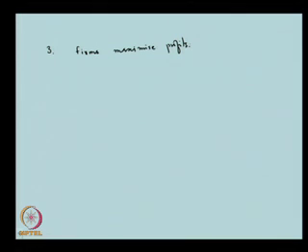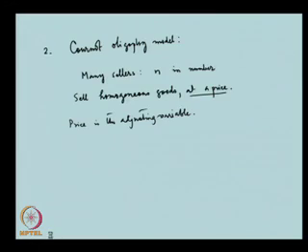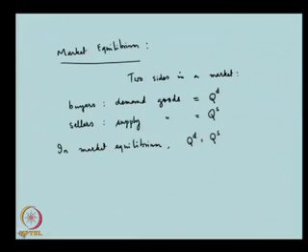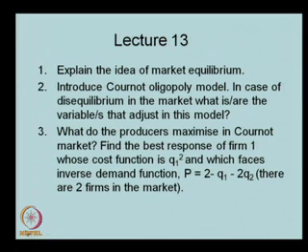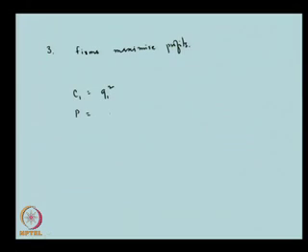Okay, now let us take this particular exercise. If firm 1 has cost function Q1 square and the inverse demand function is given by P equals 2 minus Q1 minus 2Q2, this is the inverse demand function.